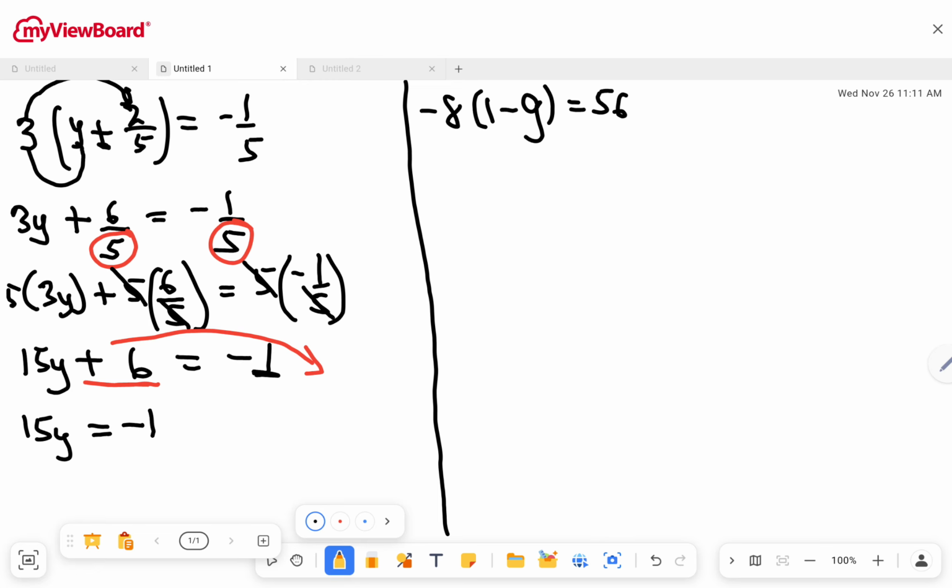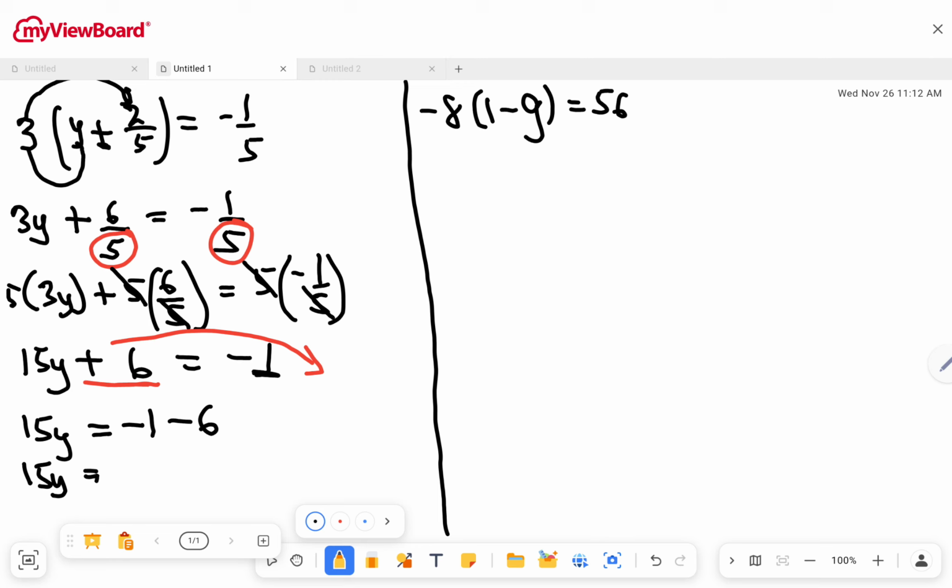Then this 6 here was positive, so when it comes here, it's going to be negative 6. I hope you are getting it. Now, we need to solve negative 1 minus 6. Negative 1 minus 6 is going to be negative 7.